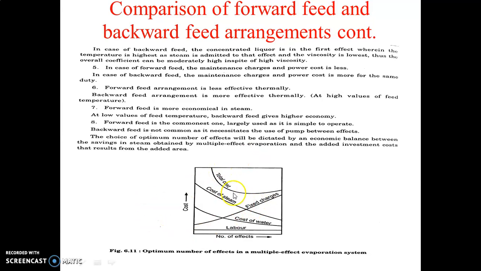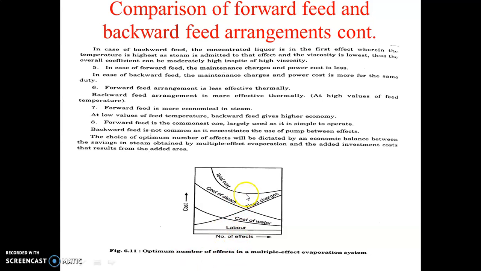All these charges you add, and then plot the total cost. When this total cost becomes minimum, that number of effects you can take as the optimum.